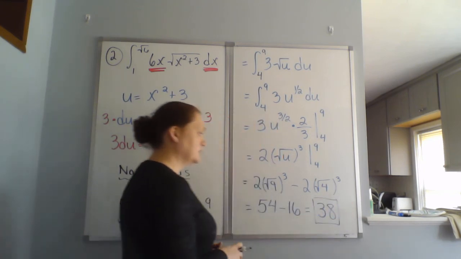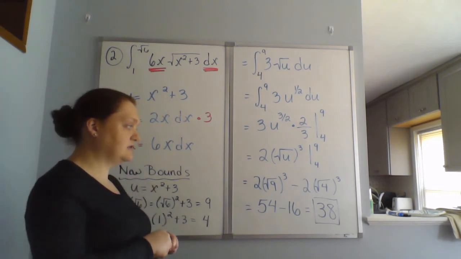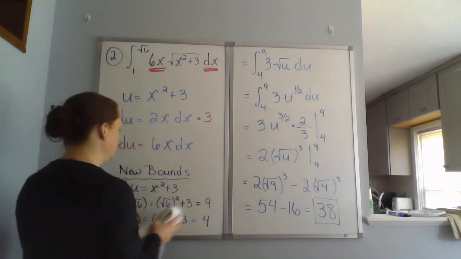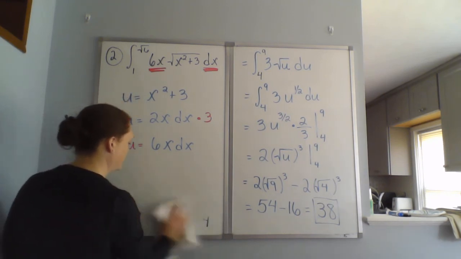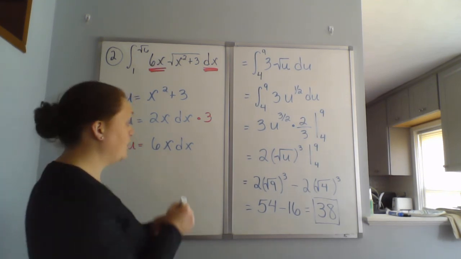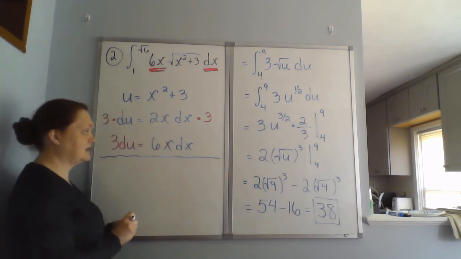Okay. Now again, I'm going to show you what would happen if we hadn't done the new bounds, and then the other two examples, I'll just pick one method or the other. Okay, so back over here. If I had never done new bounds, here's what would have happened. Okay, so this is your alternative if you don't like the new bounds idea.